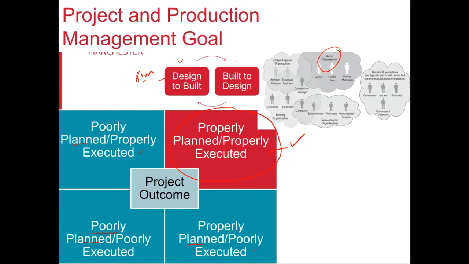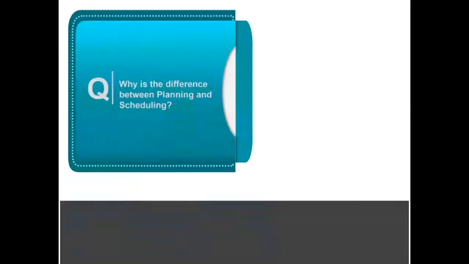So if we are talking maybe of a hospital construction, we may have to deal with a large public sector client, which would have its own hierarchy, then design or engineering organization, which would include architects, structural engineers, building organizations, including schedulers, estimators, subcontractor organizations, and then the outside organizations, government agencies, community, insurers, end users. So it's sometimes very difficult to integrate all of these multiple stakeholders to ensure that we end up with a project which was properly planned, properly executed, which was designed to build and built to the design.